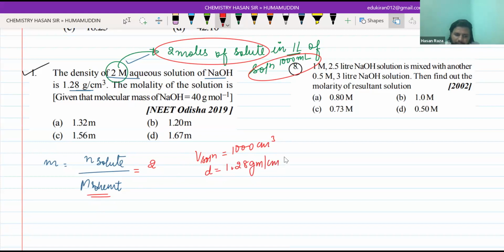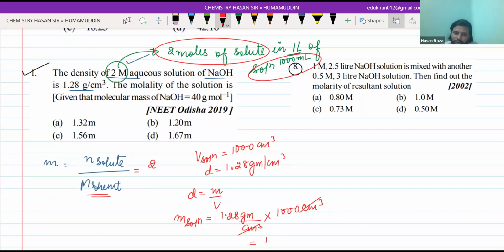Density is equal to mass upon volume, so the mass of solution will be equal to density, 1.28 gram per centimeter cube, into volume, which is 1000 centimeter cube. I'm taking centimeter cube because density is also given in centimeter cube.